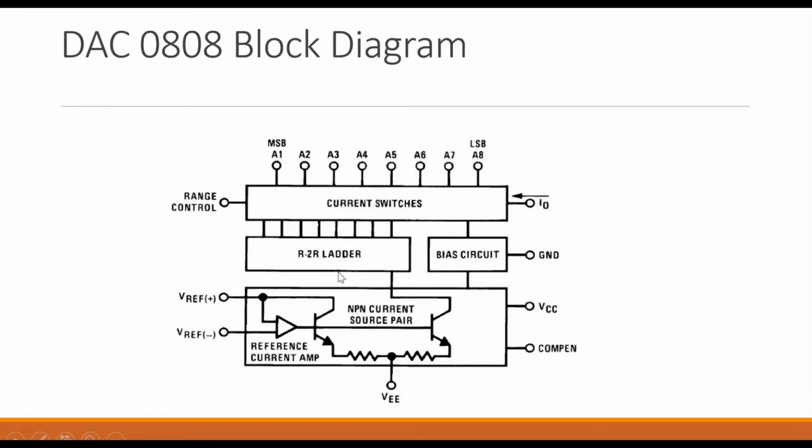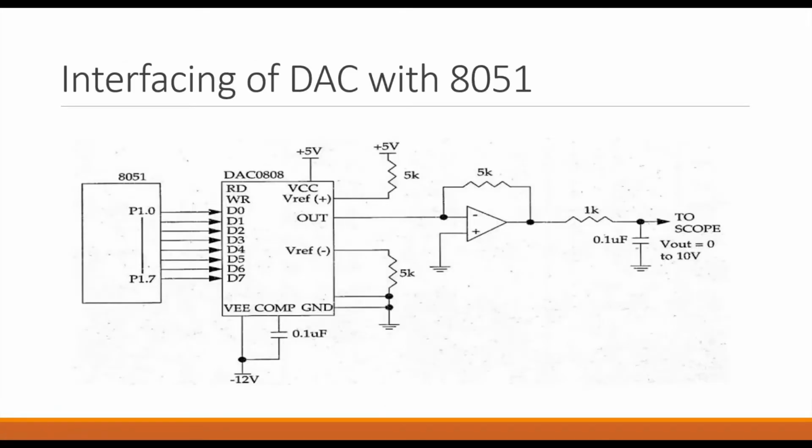This data is taken into it. Here you have R-2R ladder circuitry. In case of ADC you had a 256R ladder circuitry. This is just the difference, right? So when the process of conversion is done, the output will be received in the form of a current signal, right? Now see, this is how the interfacing is done.